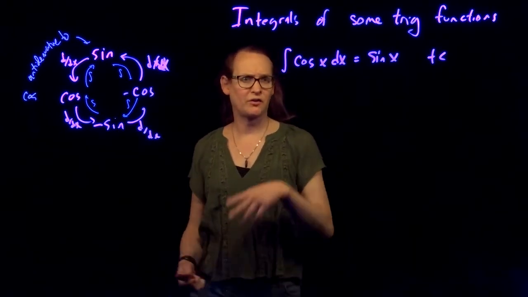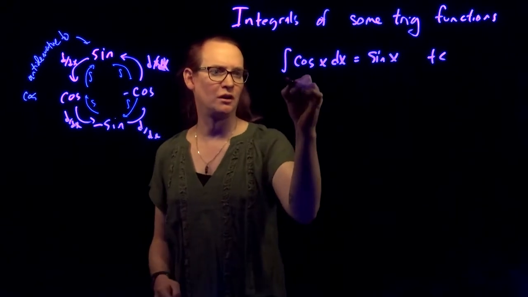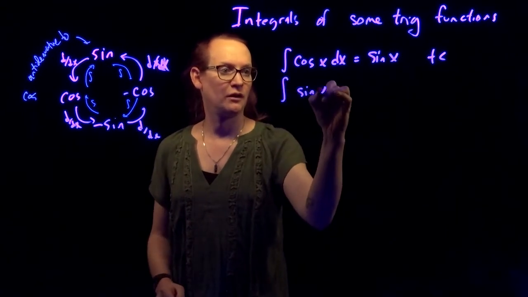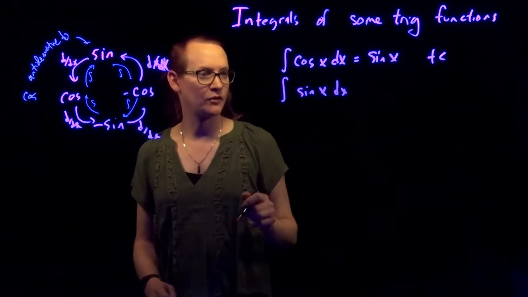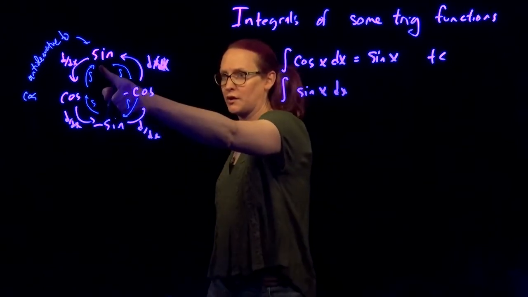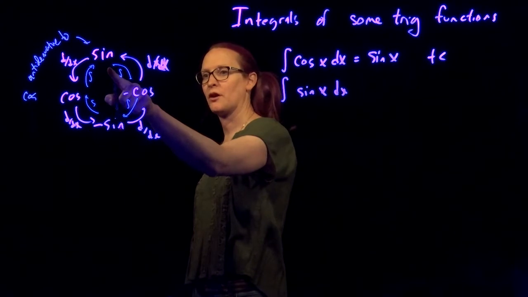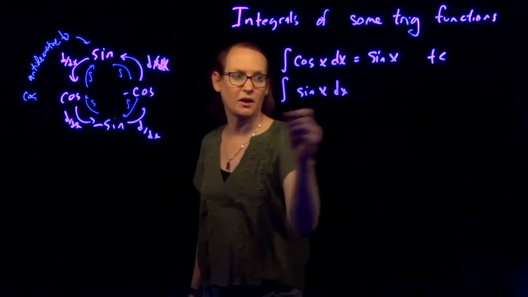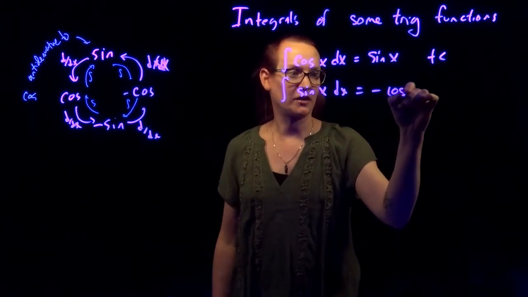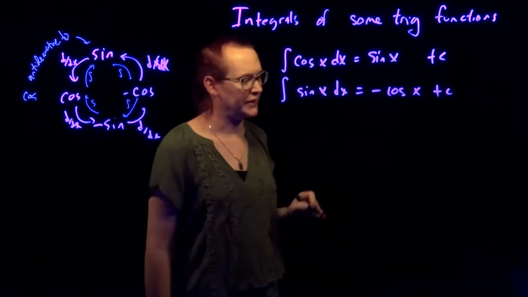And so I did cosine here, so we should do the integral of sine of x dx. I start at sine, and then I walk the differentiation arrows backwards, or the integration arrows forwards, and I go to minus cosine of x plus c.